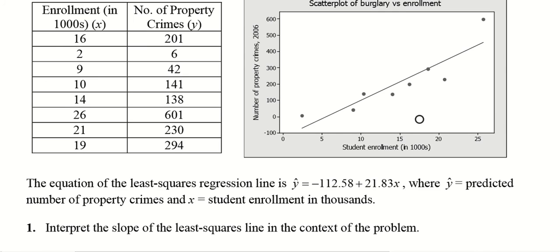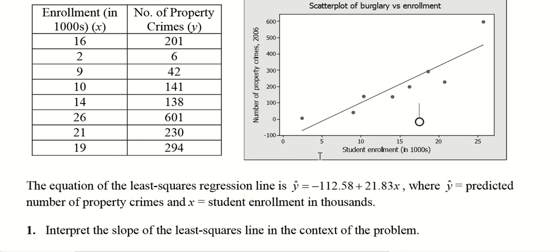The number of property crimes, so we're going to talk about this in singular terms, but the vertical axis can be plural, and it's either going to go up if it's a positive slope or it's going to go down if it's a negative slope.